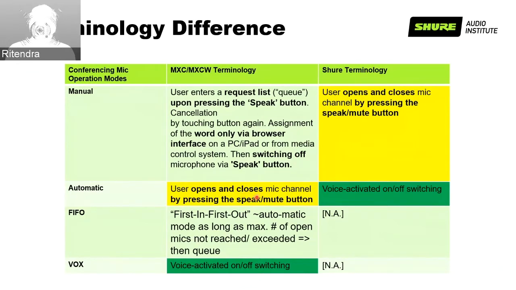Also, when we are talking about AV conferencing applications where you have the VC application and all, when the microphone turns on, it shows green. And when the microphone turns off, it shows red, right? This is how we understand. But in a conferencing world, chairman delegates kind of system, when the microphone turns on, it shows red.